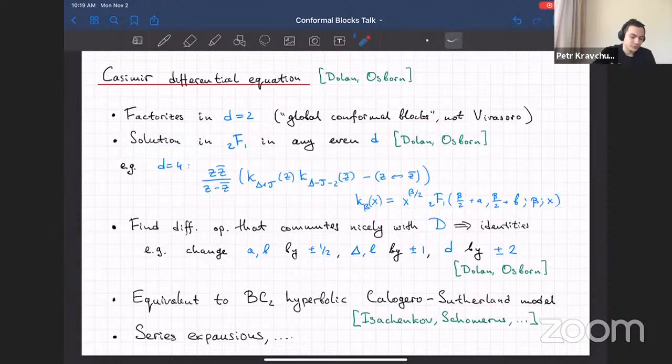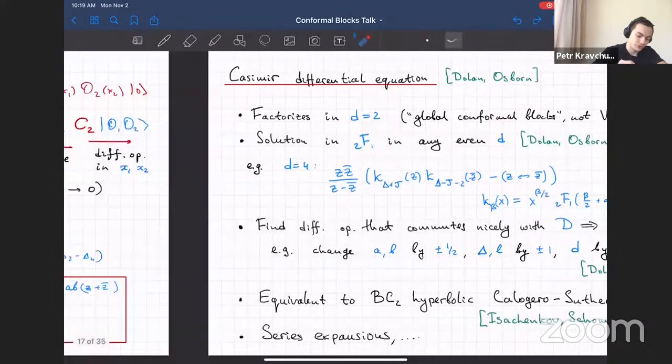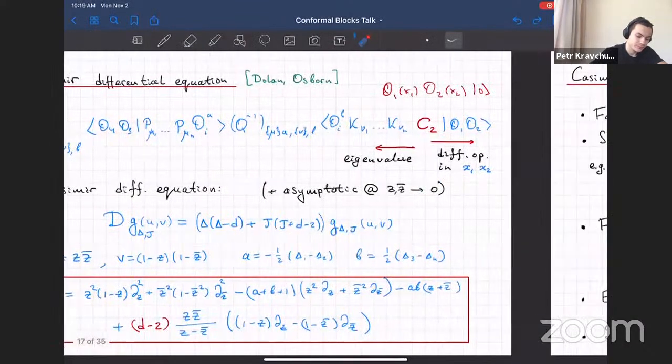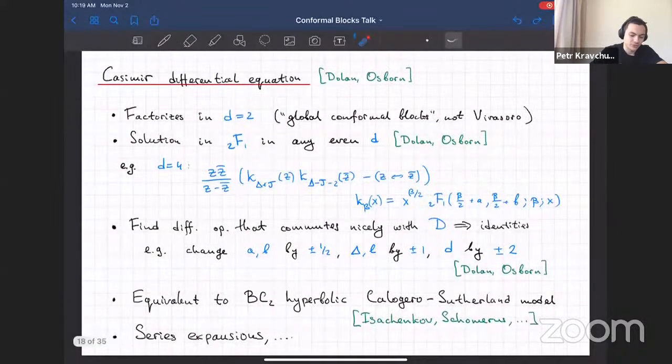Another nice property of this equation is that you can find some differential operators in Z and Z bar which have nice commutation relations with the operator D which appears in the equation. You can prove identities that if you take these differential operators and act with them on conformal blocks, they will do something nice to the conformal block.